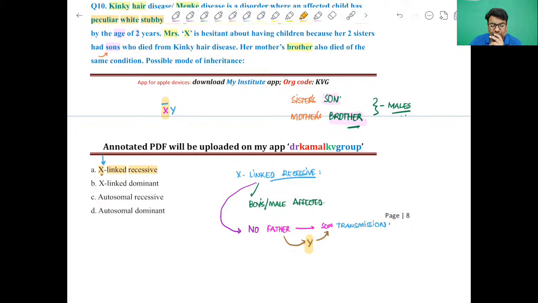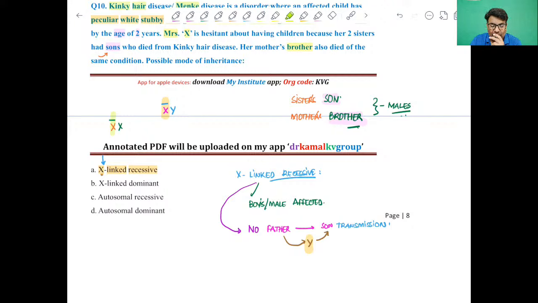Even if the son is heterozygous, with only one of the genes affected, the son will still be affected because Y provides no protection, as compared to a girl where, in a heterozygous state, the normal gene will give some protection and therefore the girl will be a carrier.